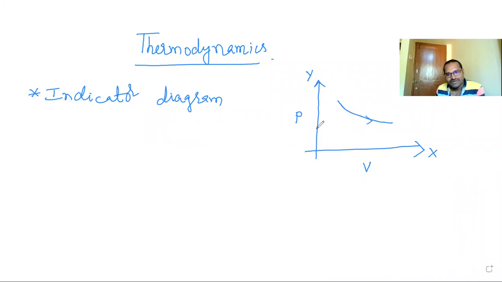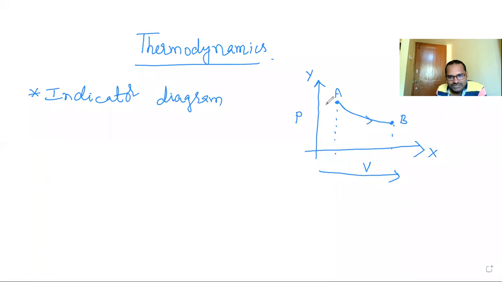So here, this is the initial state and this is the final state B. One gas is undergoing expansion, let us suppose. Now in this expansion, initially the volume is this much, but the final volume becomes this much. Means volume has increased.